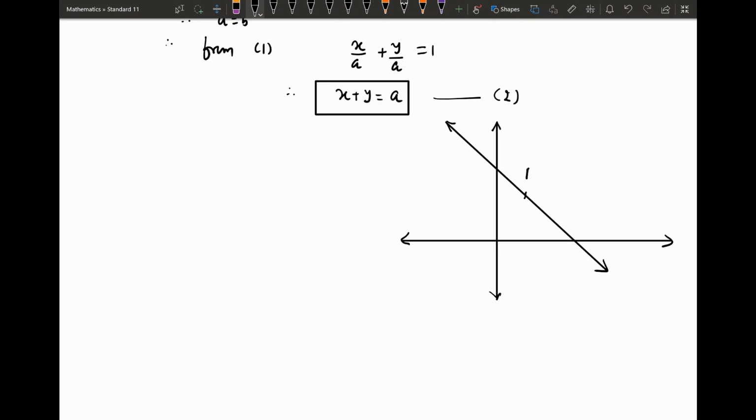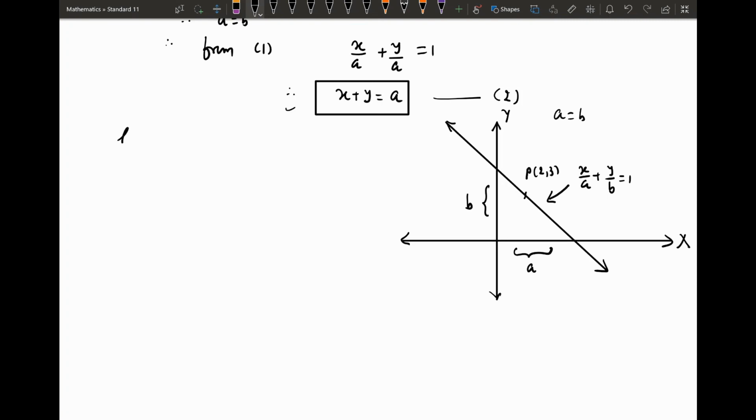The line passes through the point (2, 3), and x intercept and y intercept are equal. This is the intercept form, x axis, y axis, x by a plus y by b equal to 1. a equal to b is given, so we have taken b equal to a, so the simplification.